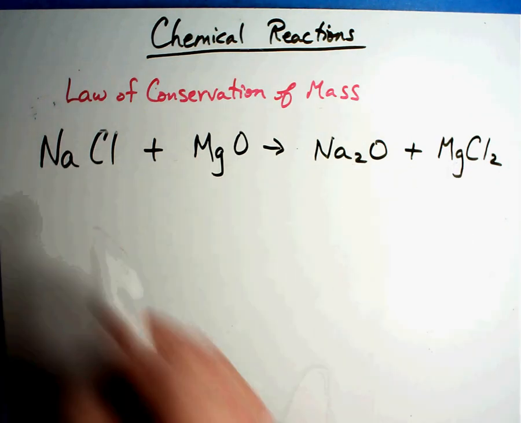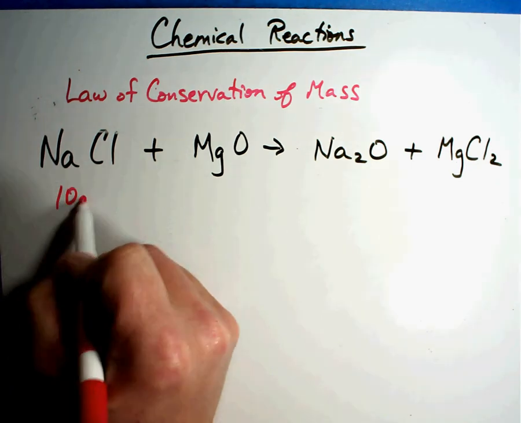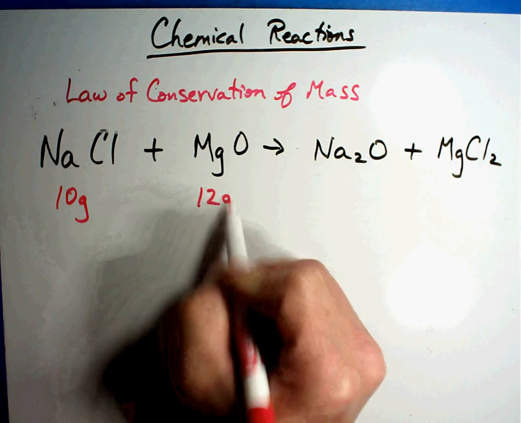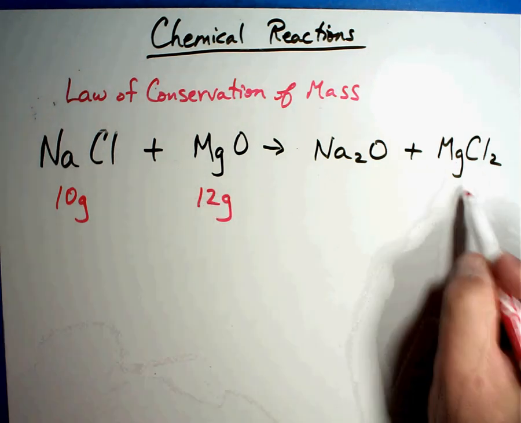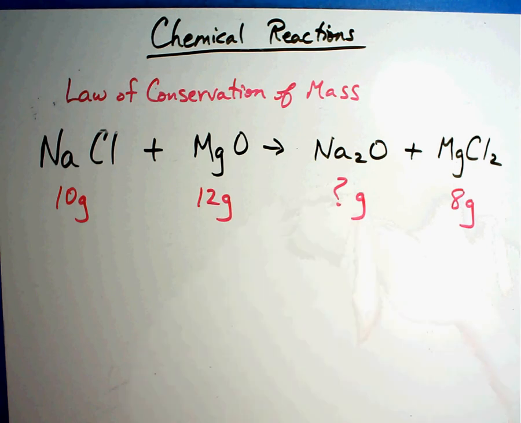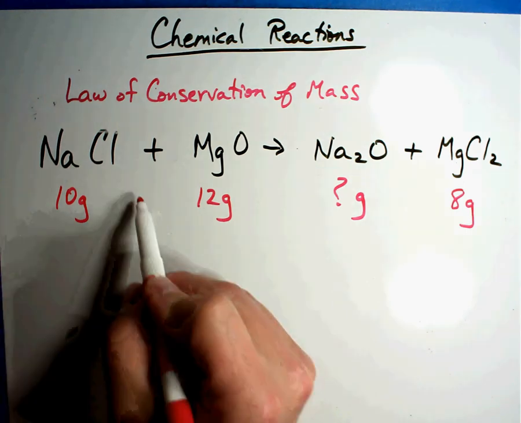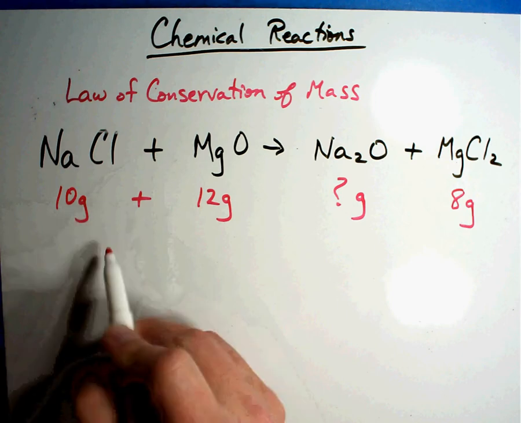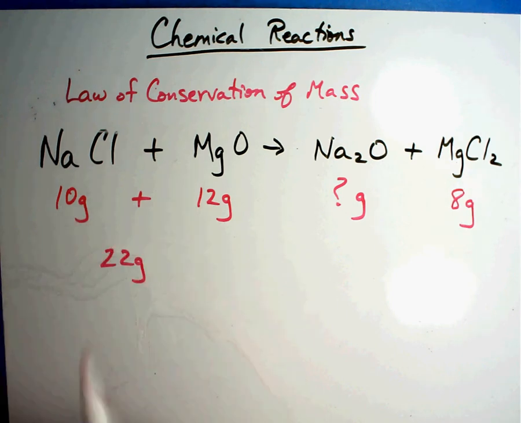Let me show you an example. If they told you that you had 10 grams of this and 12 grams of this, and that 8 grams of this is made, and they want to know how many grams of this, then it's a very simple problem. If you add these two values, because it's a plus sign, 10 plus 12 is 22 total grams.